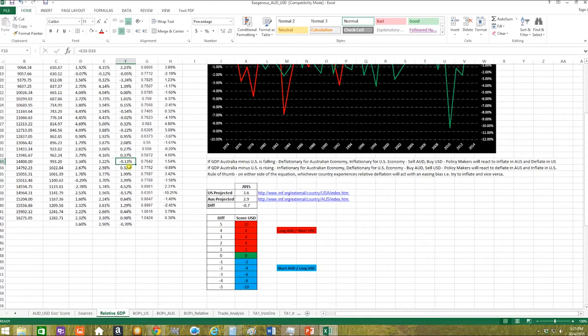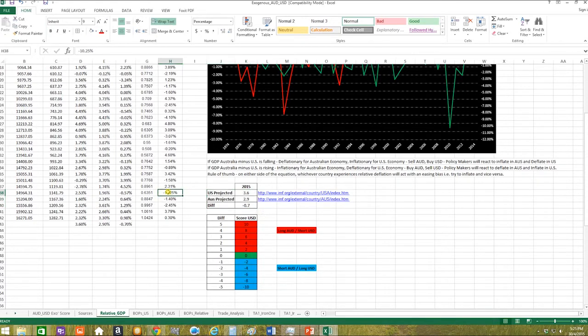So we have also our scorecard down here, and we'll come to that in a second when we go back to the presentation. But what we've also got here is our projected differential. So we're looking forward at GDP growth in the United States for 2015 and Australian projected real GDP growth for 2015, and looking at the projected differential and comparing it to last year.